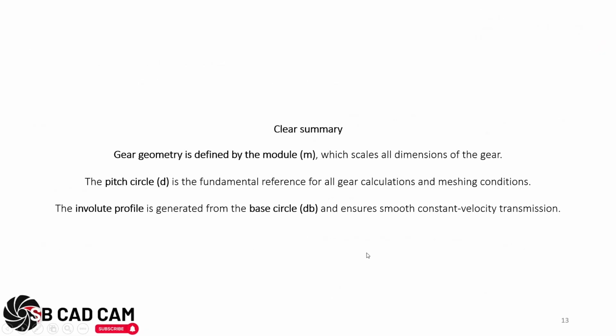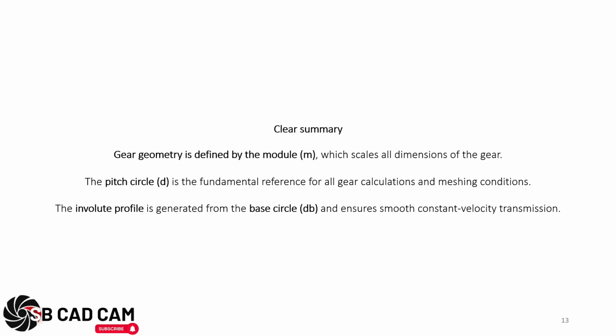So a clear summary: gear geometry is defined by the module which scales all dimensions of the gear. The pitch circle is the fundamental reference for all gear calculation and machine condition. The involute profile that we will see in the next video is generated from the base circle.